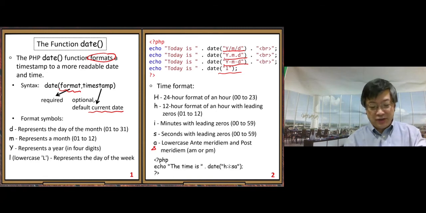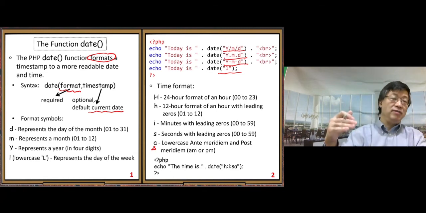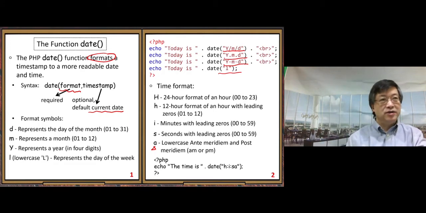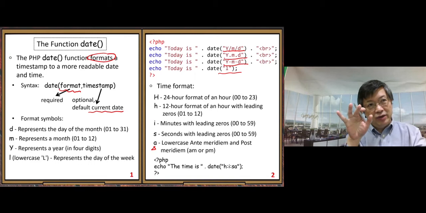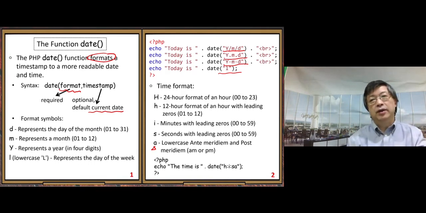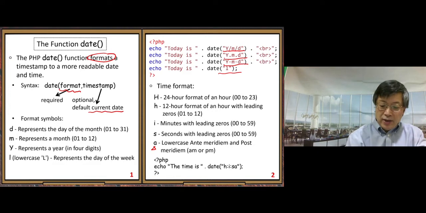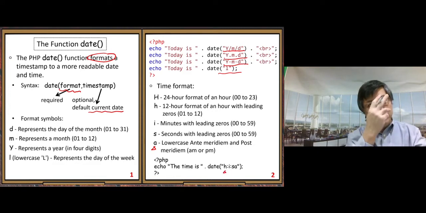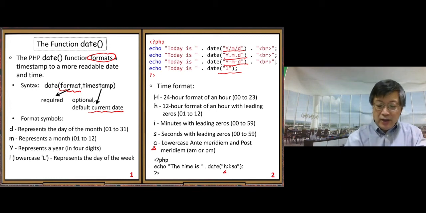All right, so let's look at a simple example. Time representation. All right, the current time. Because we don't use the second parameter, the current time, we only want to represent the time part, not the date part. So little h colon, so 12-hour little h, right? i, minute.